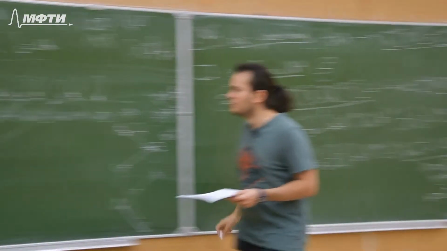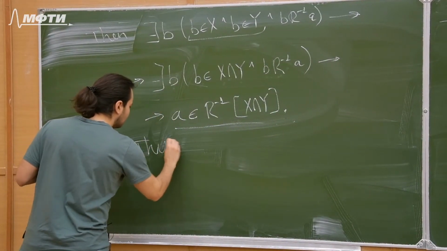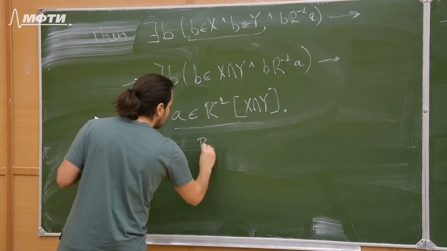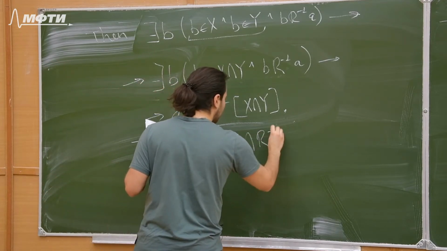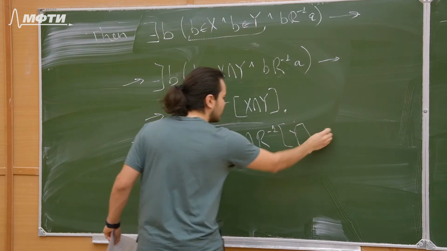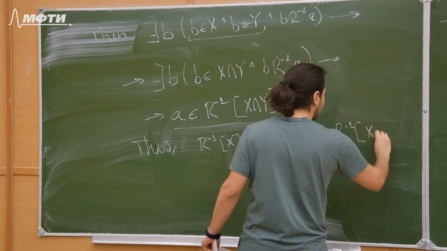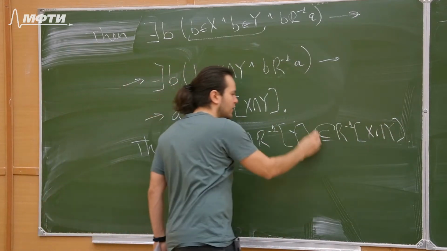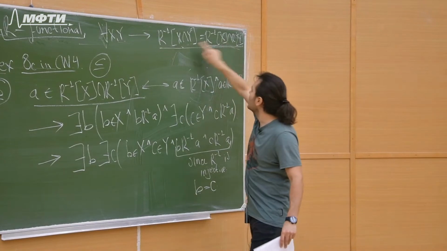So it means that the set R minus 1 of X intersection with R minus 1 of Y is a subset of R minus 1 of the intersection of X and Y. And since we proved this, so we proved this and we proved this, it means that these two sets are equal.